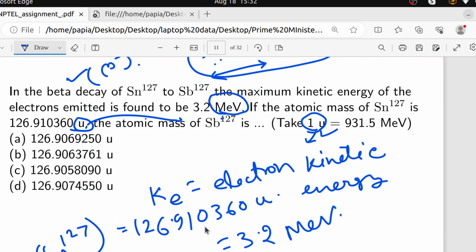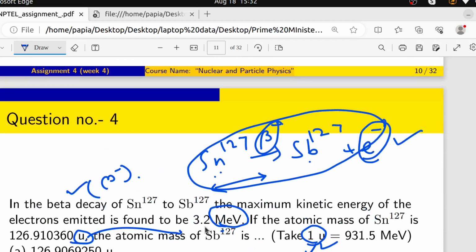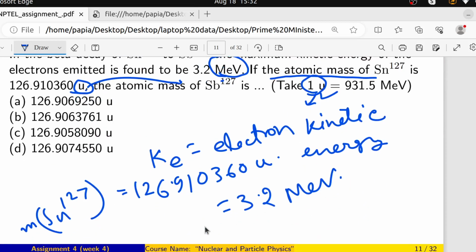So if I want to calculate the Q value for this expression, then the Q value will be nuclear mass of Sn minus nuclear mass of Sb127 minus mass of electron. But in the question, the atomic mass of Sn is given.